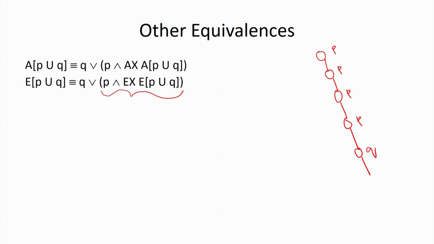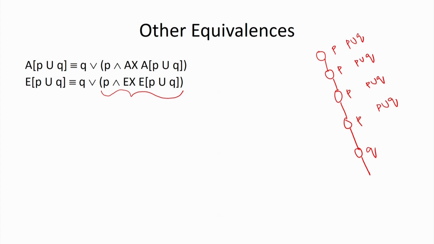So, if this is the scenario, then what am I going to get? P until Q is true here, P until Q is true here, and P until Q is true at that particular point. This is the scenario.